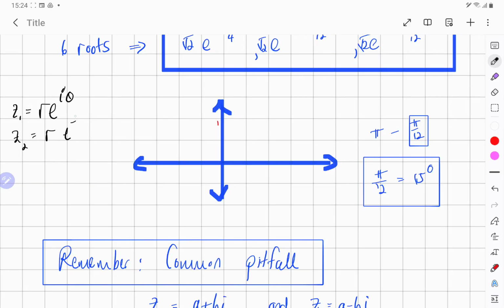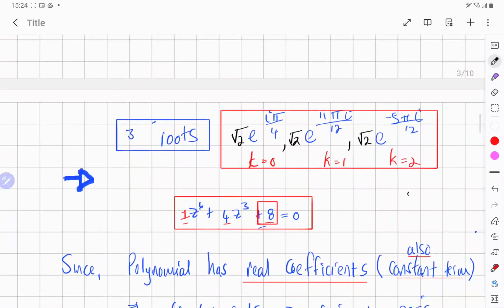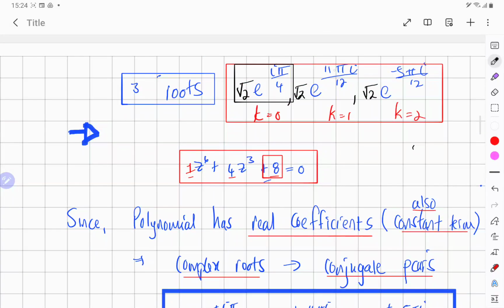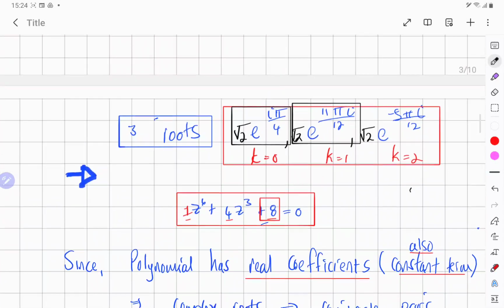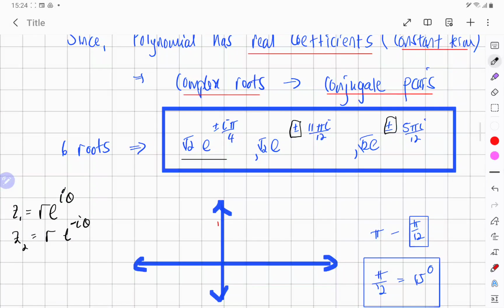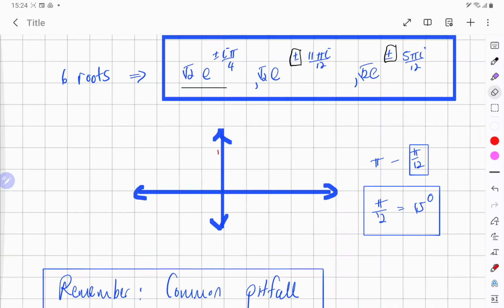It is e to the negative i theta. That's why my conjugate of this root will be minus pi over 4, hence the 2 roots here. My conjugate of root 2 e to the 11 pi over 12 will be negative, hence plus minus. Then the same for my last one, hence the plus minus. And there I have my 6 roots.